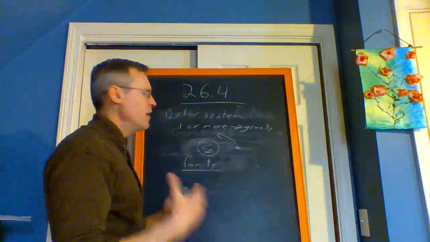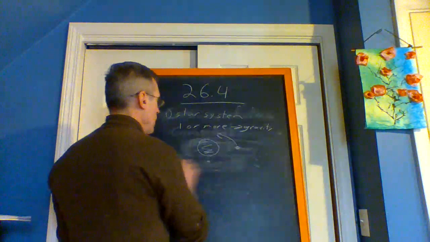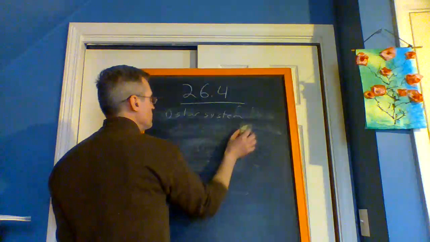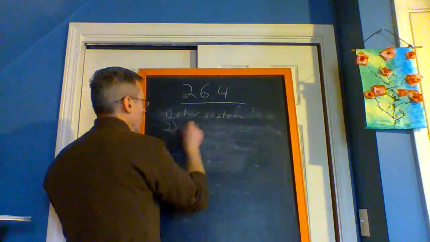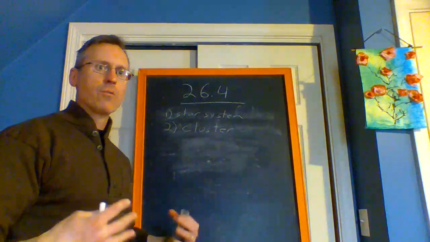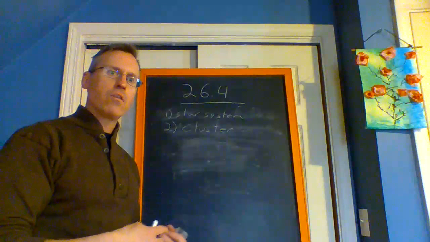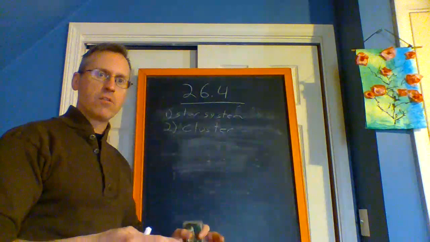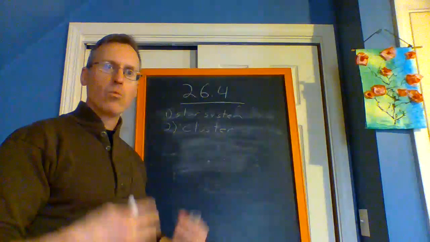Okay, the next larger grouping would be what's called a cluster. And a cluster is a larger group of stars that's bound together by gravity. So if a star system is kind of like a family and a household, then a cluster would be like a neighborhood, kind of like Wood Estates.